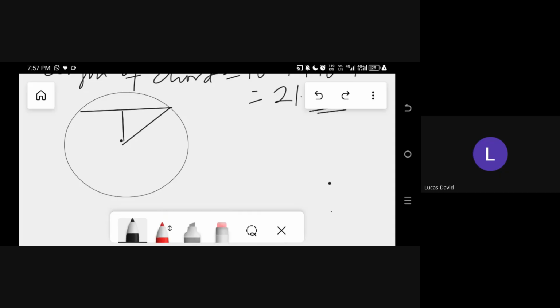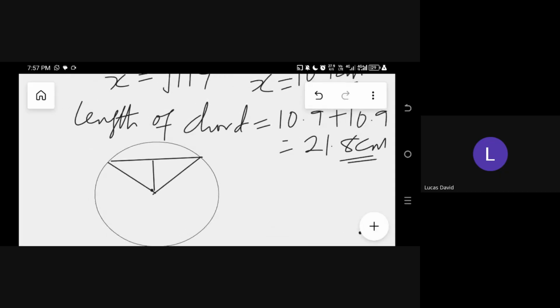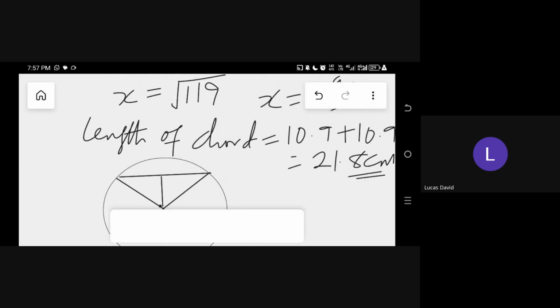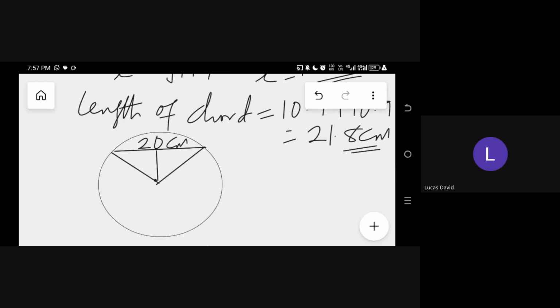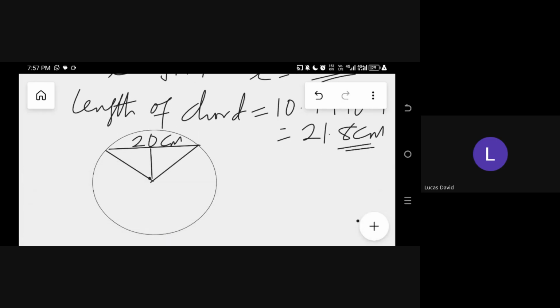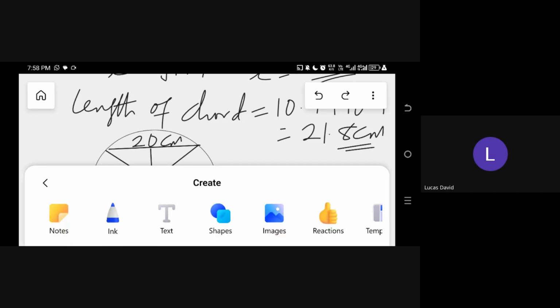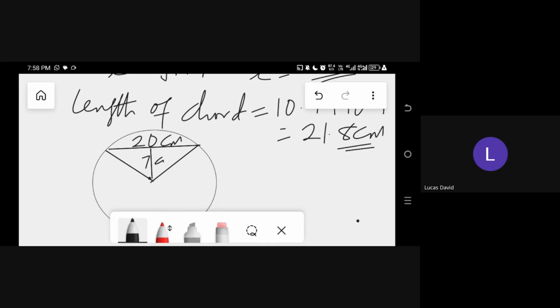Now, let's say we have the length of the chord as 20 centimeters. The distance of the chord from the center of the circle is 7 centimeters. All right, find the radius.